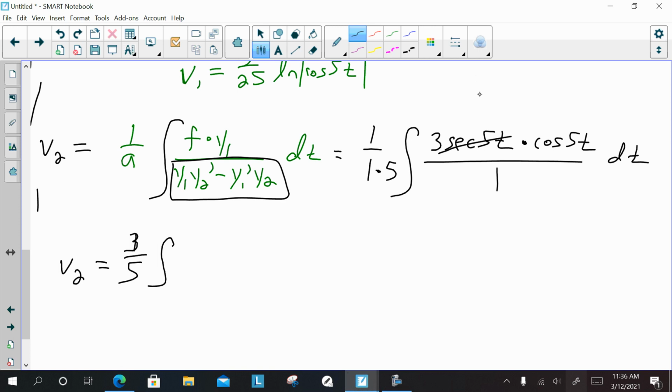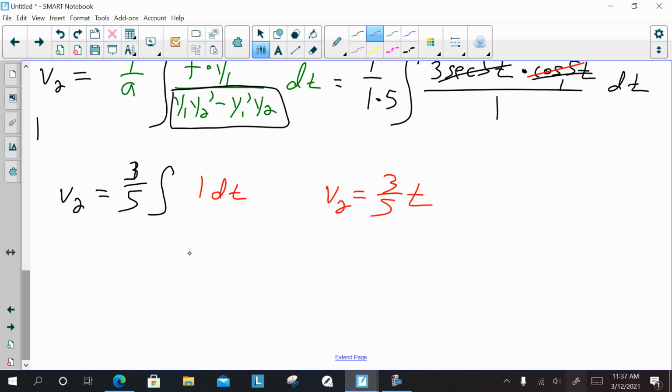Secant 5t, we could call that 1 over cosine 5t. If we multiply this times that, notice this cosine 5t is on top, that cosine 5t is on bottom. So those cancel. The 3 is gone, so everything is gone except 1 dt on the inside. So when we integrate 1, we pick up a variable. So V2 is just 3/5 t.